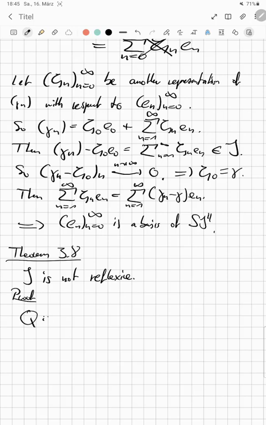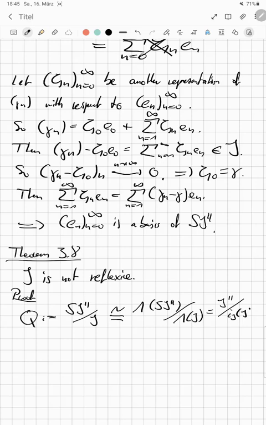So we will define Q for quotient as the quotient space of Sj dash dash over J. Now we just apply our isometric isomorphism lambda. We get lambda sj dash dash over lambda j, and this is just j dash dash over the embedding of j into j dash dash. So this all fits together.